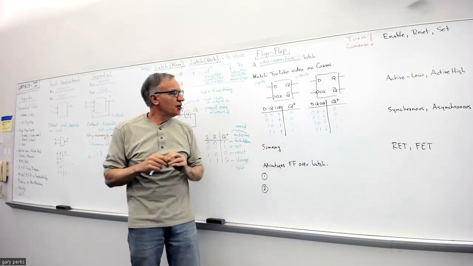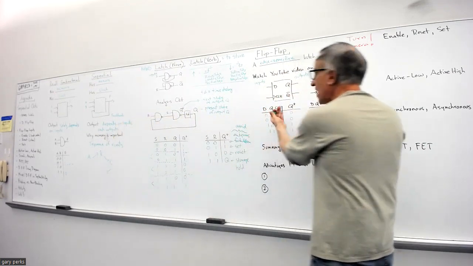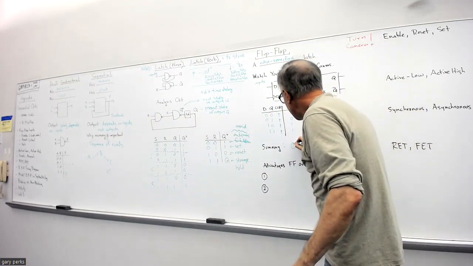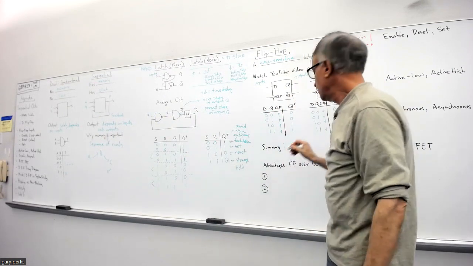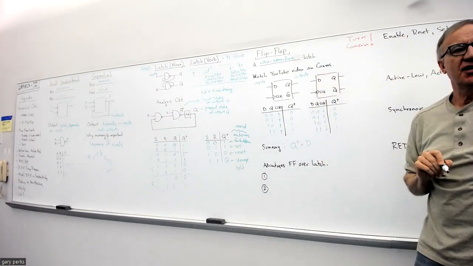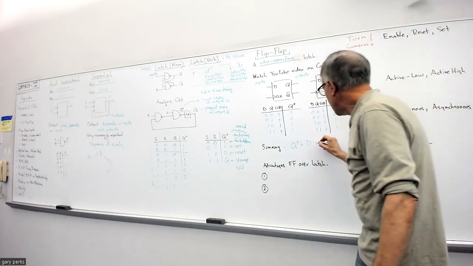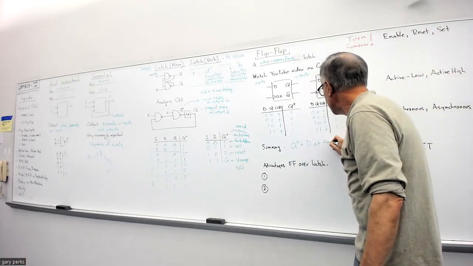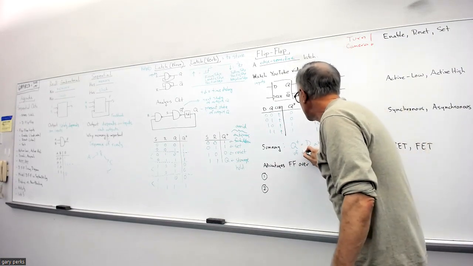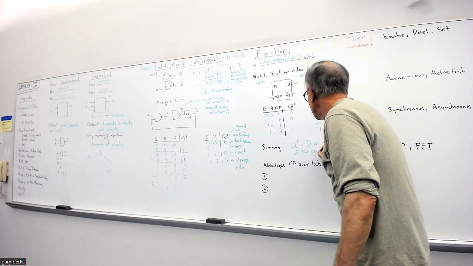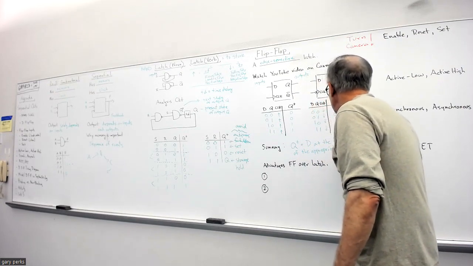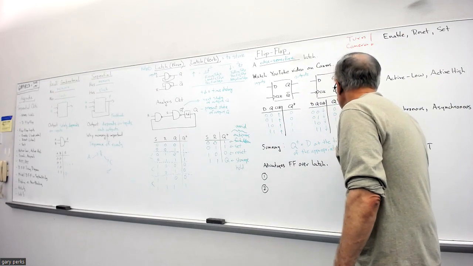Okay? So the way you can summarize both of these is that the next state of Q will equal whatever is on input D at the time of the appropriate clock transition.